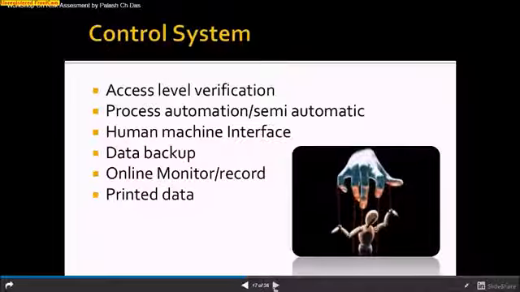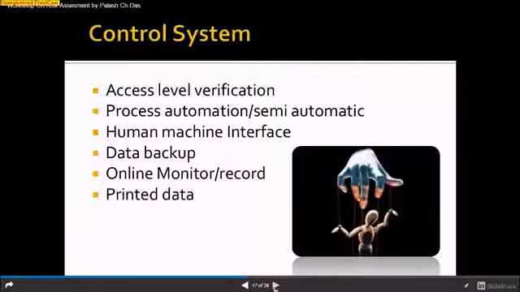Sometimes we ask about the admin level. You should check whether two admin levels are available, whether you can generate multiple admins. As you know, the admin person cannot be available in our system 24 by 365. So a multiple admin provision should be there, so we can control the system in a very good way.